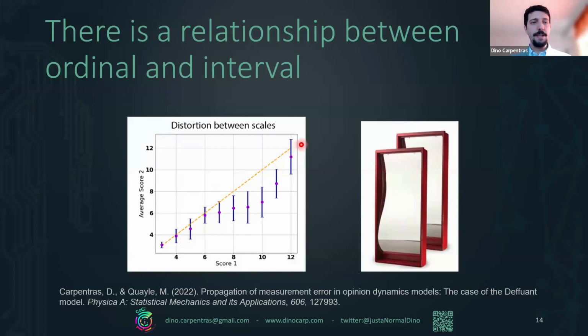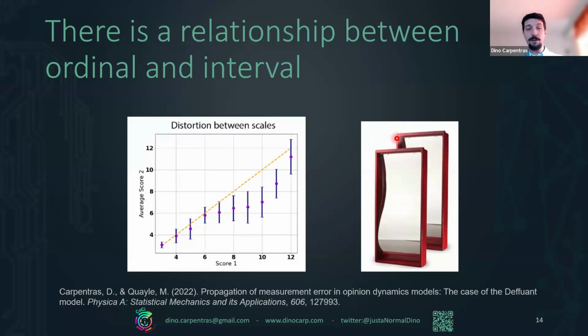I think people with a background in physics should be pretty comfortable with this nonlinear transformation, but one way to visualize this is with these distorted mirrors that maybe you have seen at fairs, where you stand in front of the mirror and they completely distort the proportions of your body.